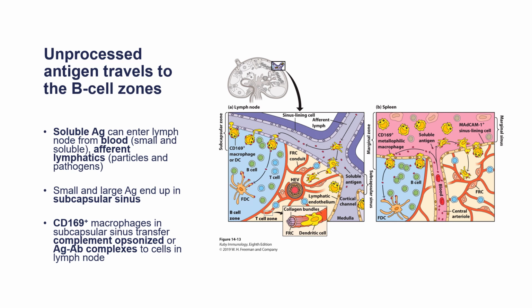You've got the CD169 metallophilic macrophages that line the regions of the spleen that are adjacent to those B cell follicles and constantly sample the bloodstream for these particular soluble antigens. And they perform antigen-presenting functions and pass those antigens off to the follicular dendritic cell. That's what FDC stands for. I had a momentary brain fart.